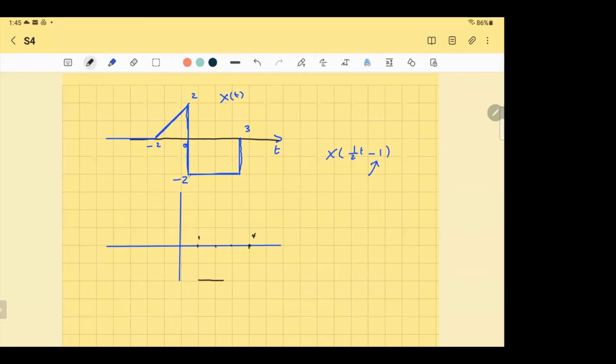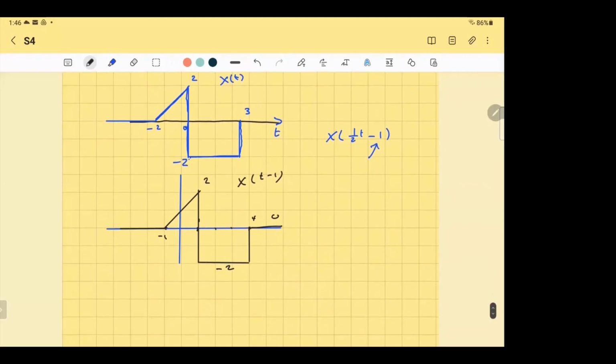So and I will have -2. And for -2, -2 plus 1 will be -1. So I connect. And that's 0. And that's 0. And that's -2. That's x of t minus 1.